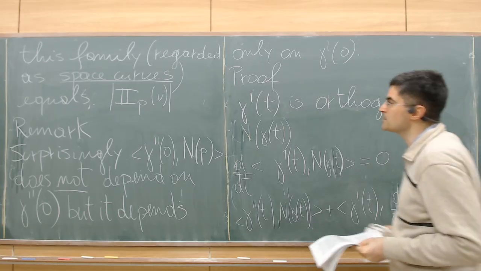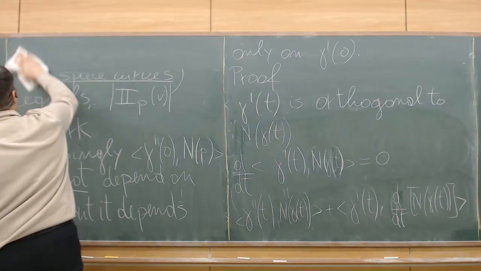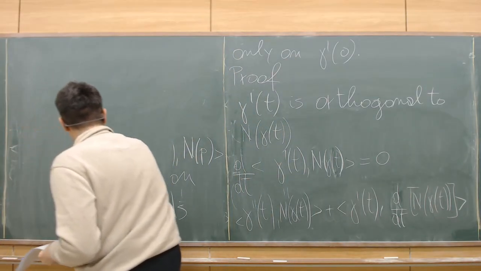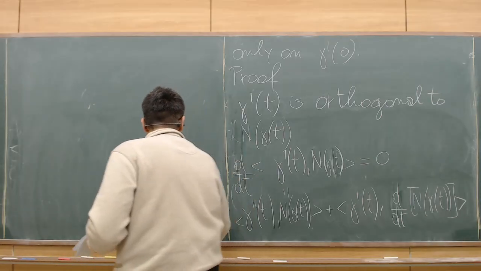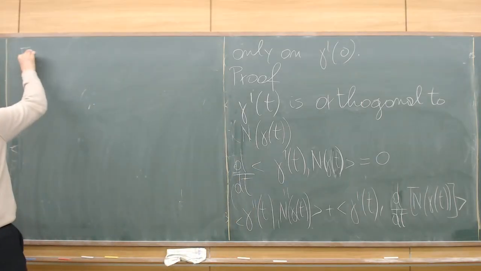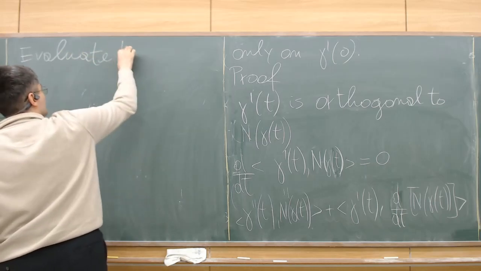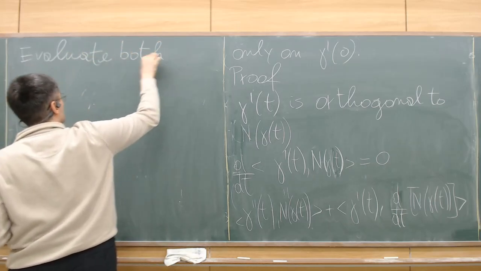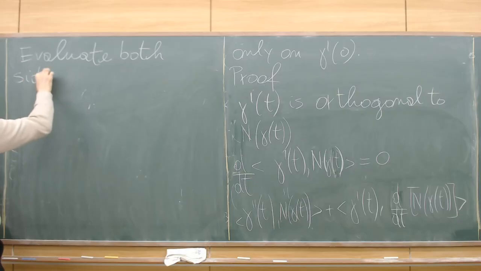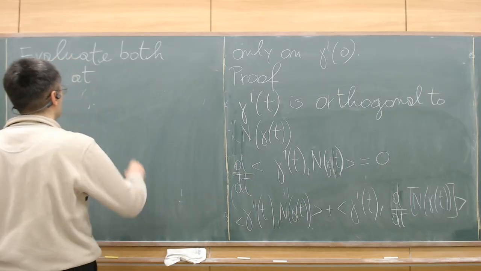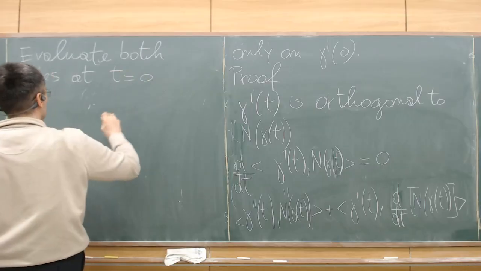Now, what happens if we evaluate both sides at t equals 0?